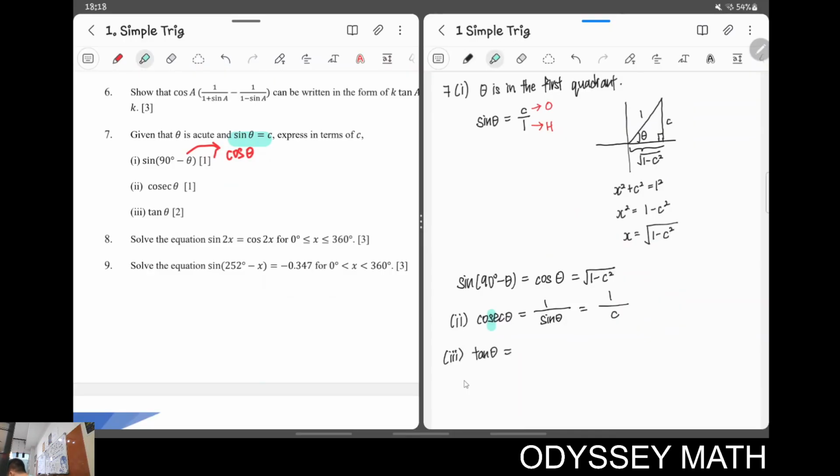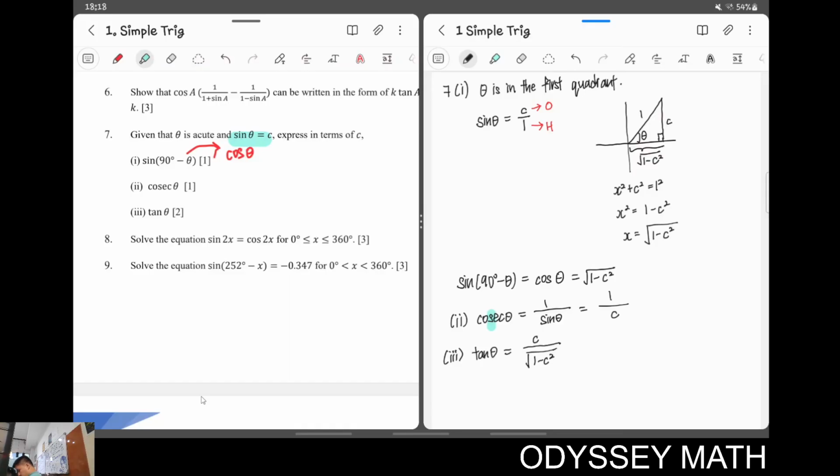It's just O over A, which means it is just C over square root of 1 minus C squared. Got it? And we are done with question 7.